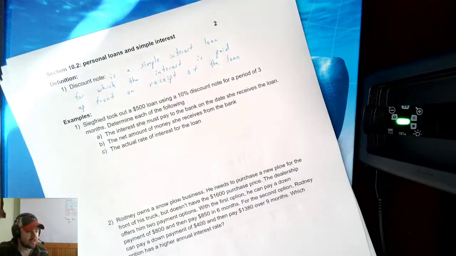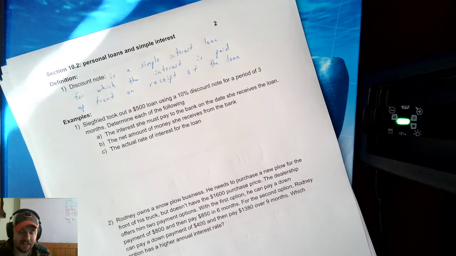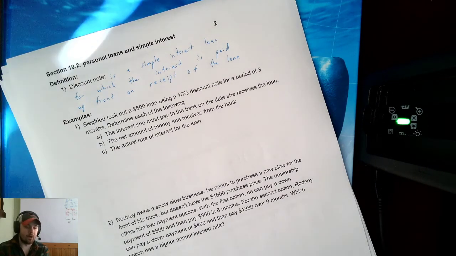When you receive the loan, you're getting the interest paid immediately. It's a discount note. A lot of banks do this. Some banks do this when you're borrowing smaller amounts of money.